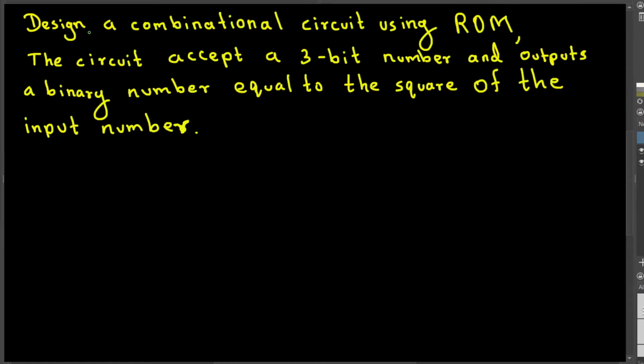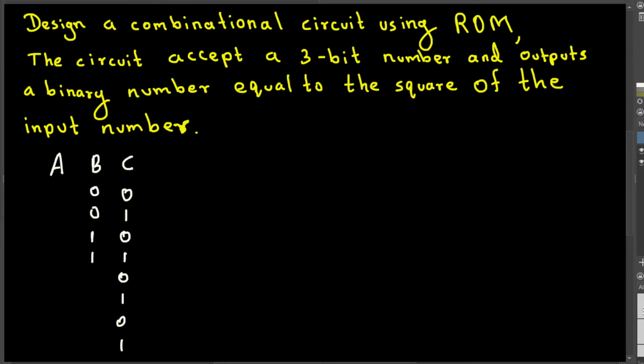So here is a question. Design a combinational circuit using ROM. The circuit accepts a 3-bit number and outputs a binary number equal to the square of the input number. They have mentioned this is a 3-bit number, which means 3 inputs, let's say A, B, C. So 2 to the power 3 gives 8 different combinations. We are going to have 0, 1, 0, 1, 0, 1, 0, 1, and then 0, 0, 1, 1, 0, 0, 1, 1, and then 0, 0, 0, 0, 1, 1, 1, 1.